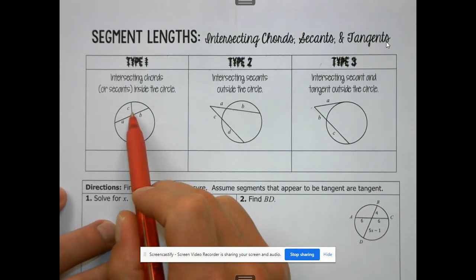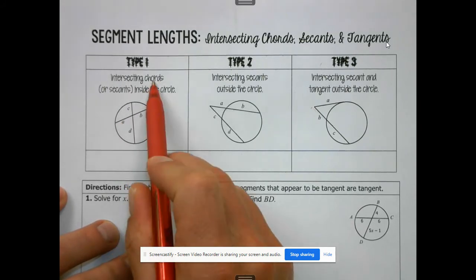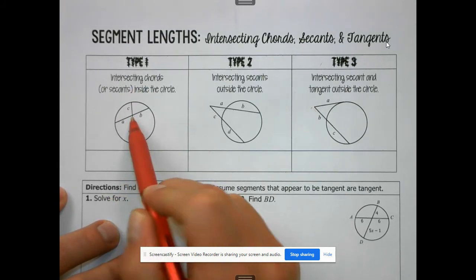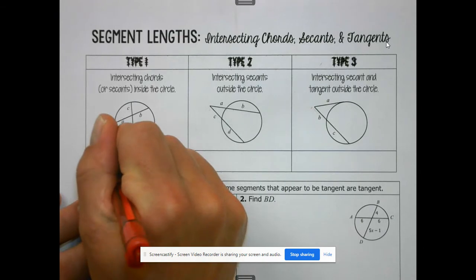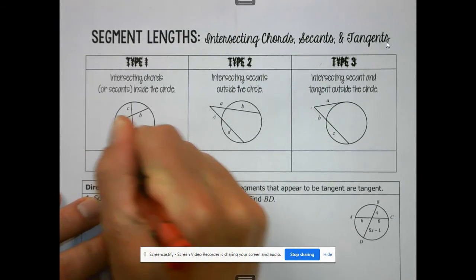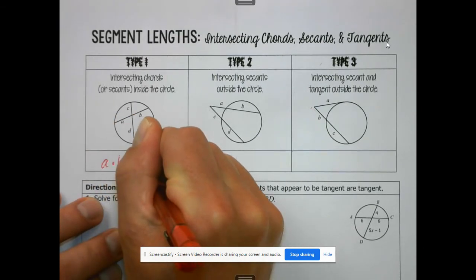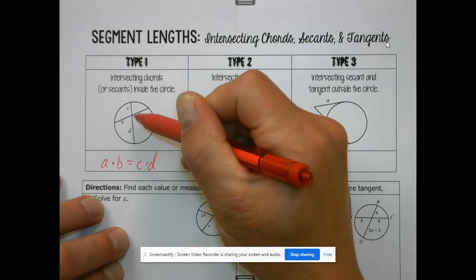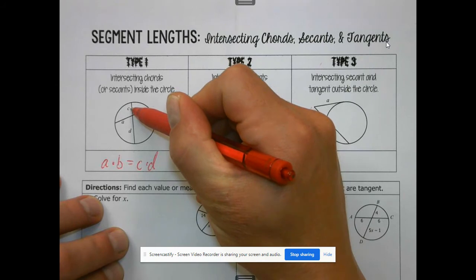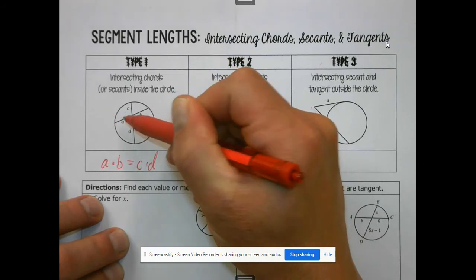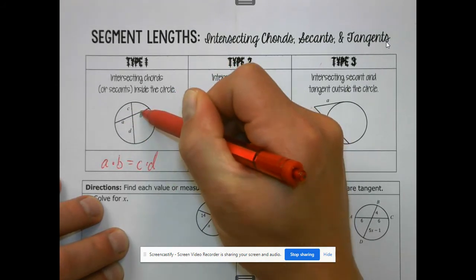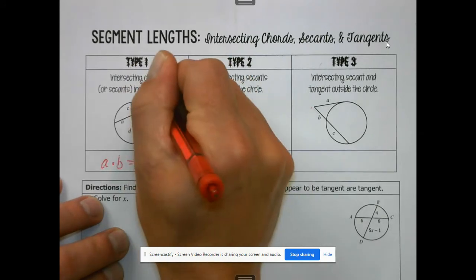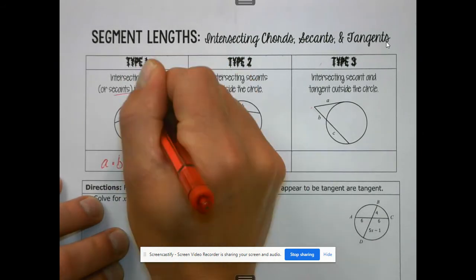How do we find segment lengths with chords or secants inside the circle? Well, the formula is A times B equals C times D. In other words, this length times this length equals this length times this length. So this works for intersecting chords or secants inside.